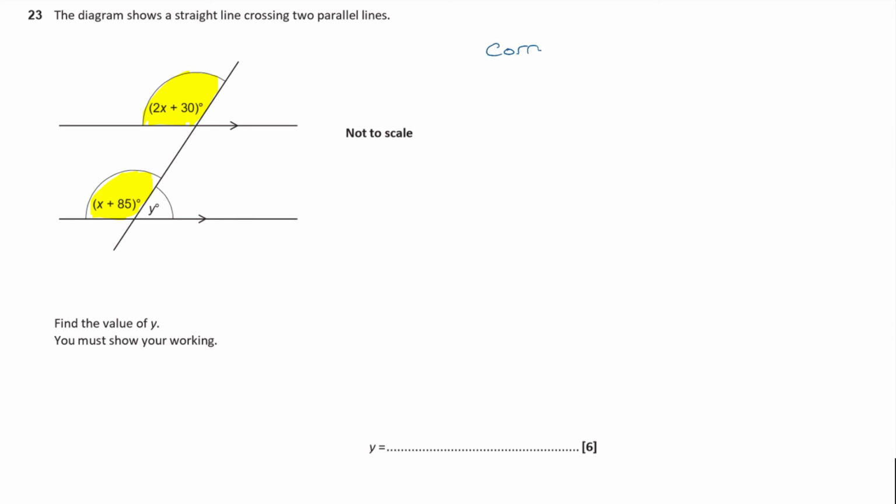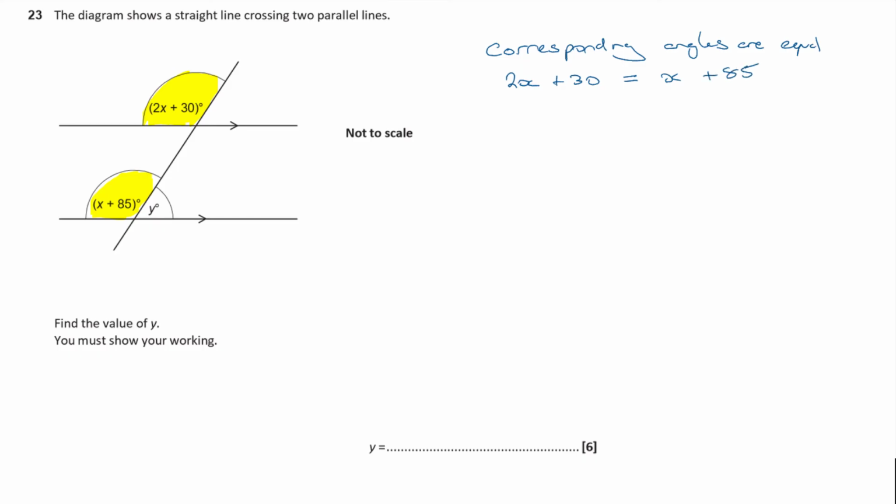I'm going to say corresponding angles, because I need to show my working and my method. So corresponding angles are equal, so 2x plus 30 must be equal to x plus 85.